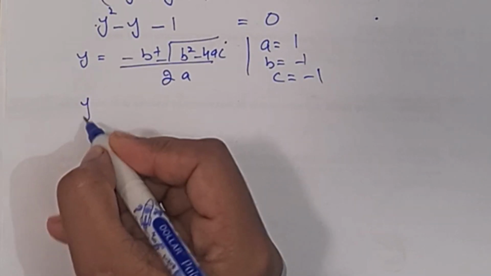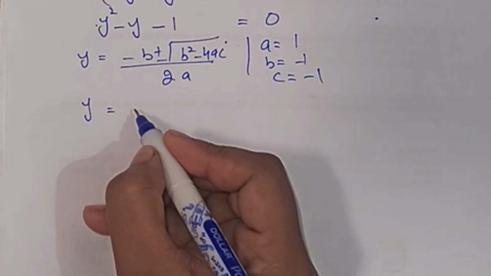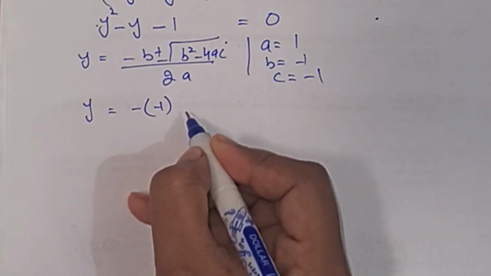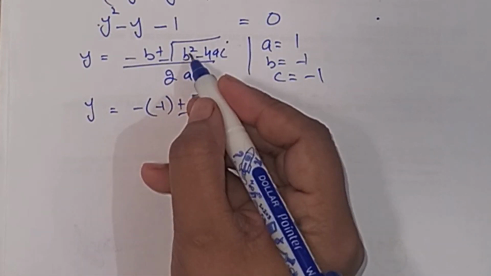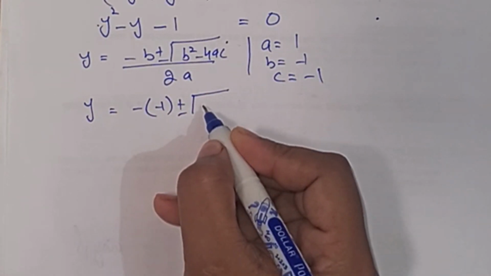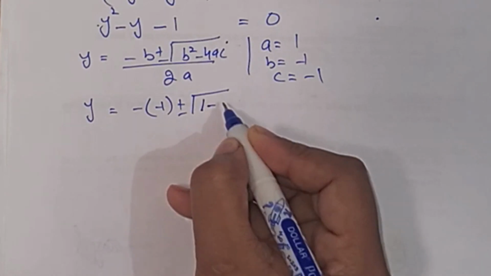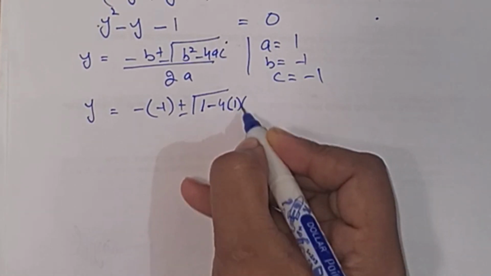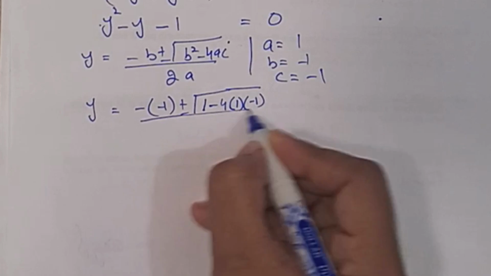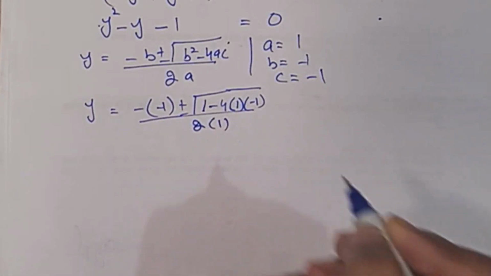So we get y equal to minus b, and b is minus 1, plus or minus the square root of b squared, minus 1 squared is positive 1, minus 4 times a, which is 1, and c is minus 1, over 2 times a, and a is 1. Now we simplify.